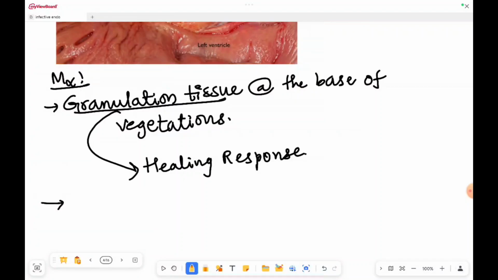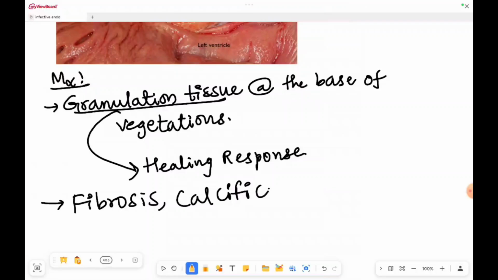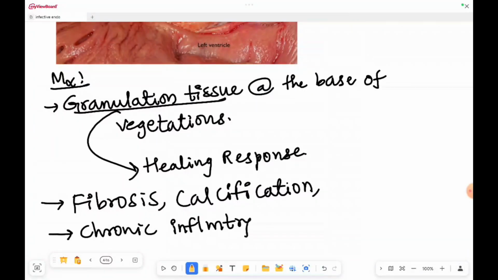We can see fibrosis also, because there is inflammation, so there should be healing. So healing means by fibrosis and calcification, and there will be chronic inflammatory infiltrate. So this is about microscopy.